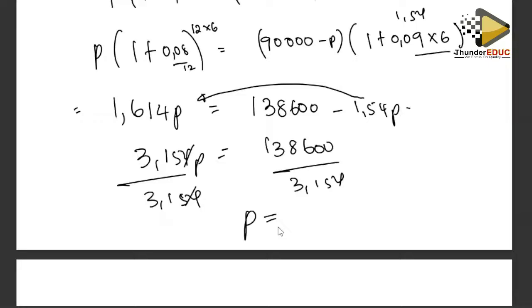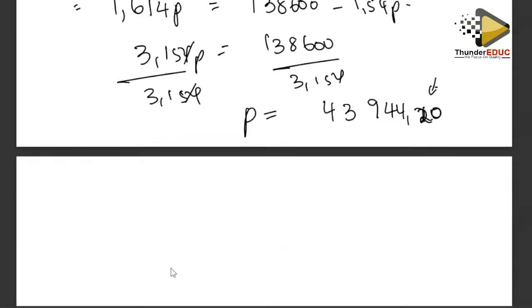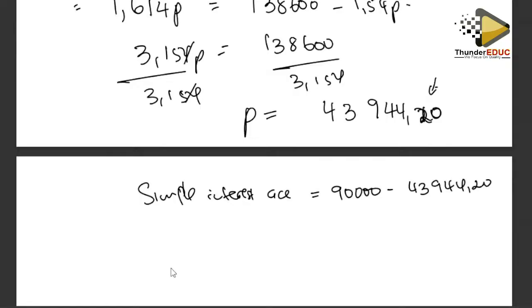Okay, so how much was invested initially? 138,600, dividing it by 3.154, gives me 43,944.20. Okay, so this was for the compound. And then to get the amount for the simple interest account, it's going to be 90,000 minus 43,944.20.